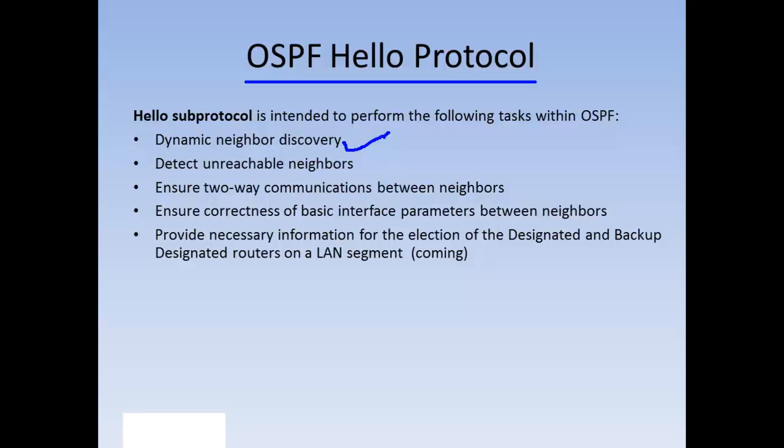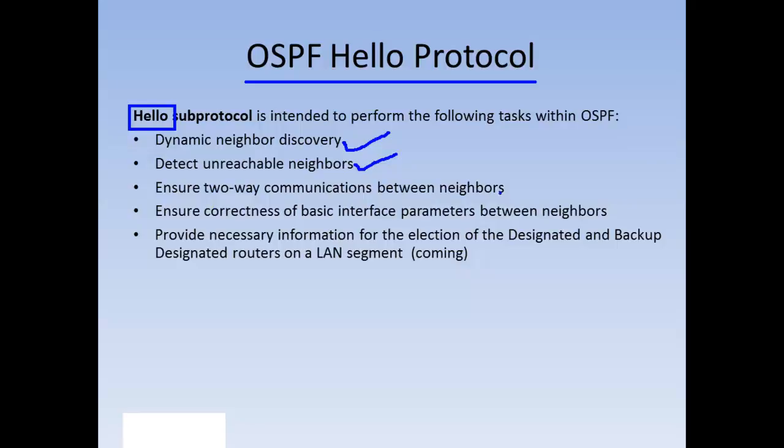But in a dynamic routing protocol, it automatically keeps searching for new paths. So with the help of hello protocol, OSPF searches for new neighbors and detects unreachable neighbors. It automatically detects that a particular neighbor no longer exists in the network, or is down due to any reason.